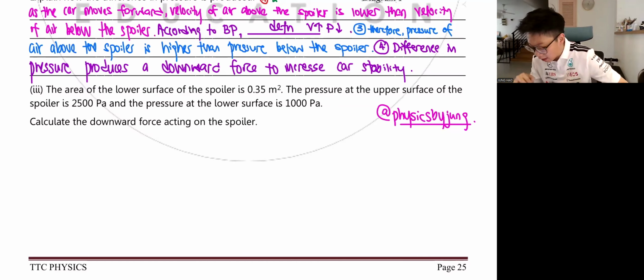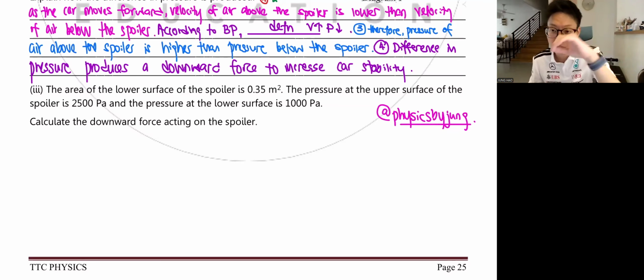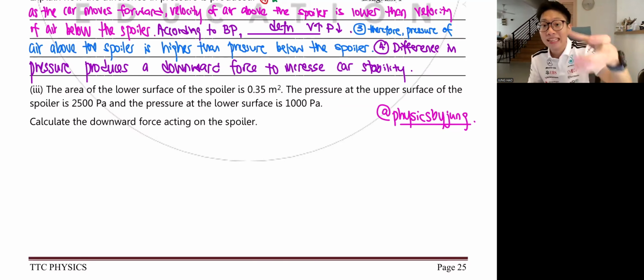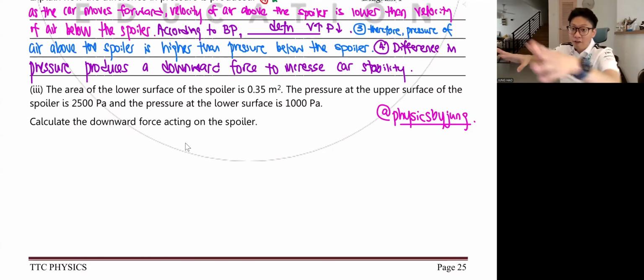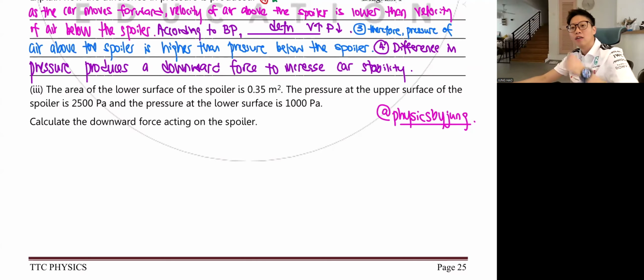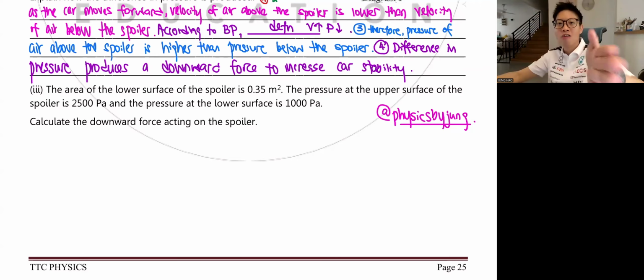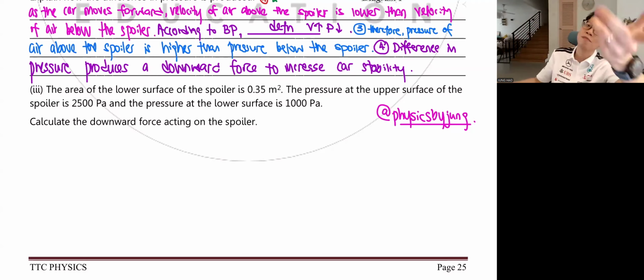Okay, Brandon, same thing again. The body is aerodynamic, but the spoiler is an aerofoil. So Brandon, you cannot generalize everything. Of course, road car and F1 car are different. If you want a road car, your papa's car will drive 200 kilometers per hour, won't it?